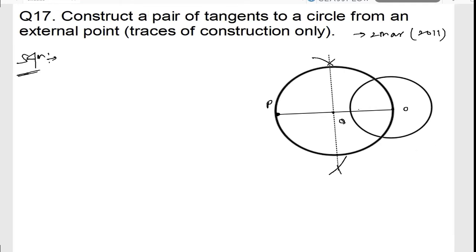Now we need to draw the tangent. So from P you draw a tangent, not the dotted one, this one.